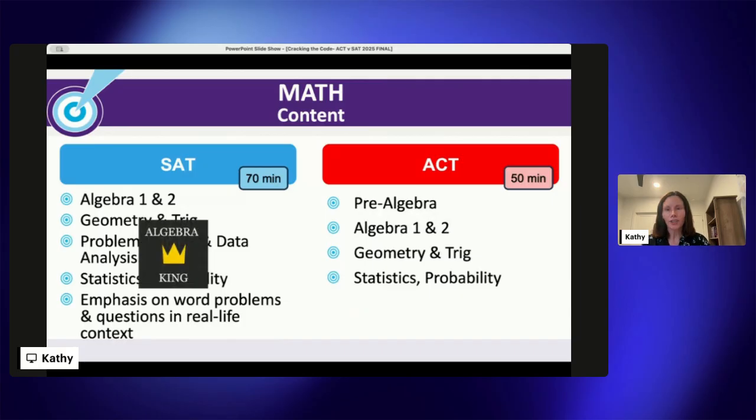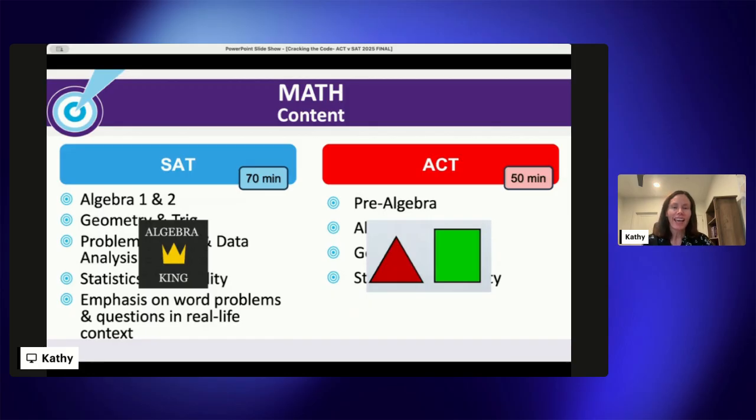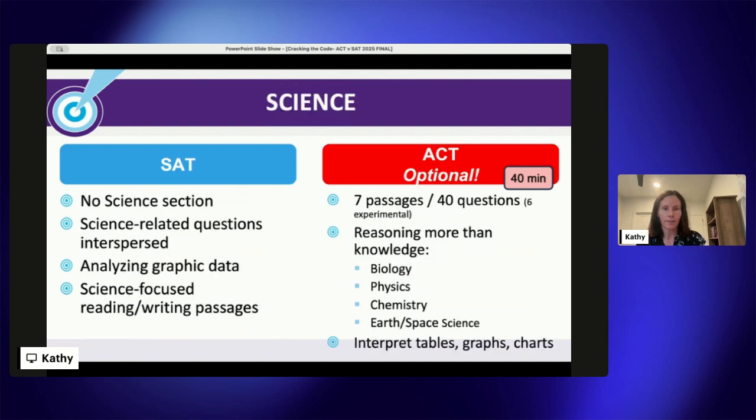Again, as I mentioned several times now, the SAT is really algebra focused, algebra heavy, and expect to see a little bit more variety of math on the ACT, including some more geometry. The SAT, you're going to be spending 70 minutes on math, divided between those 2 modules. ACT is 50 minutes for the math.